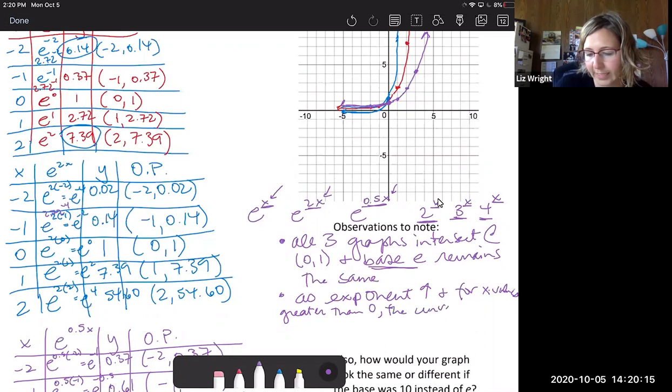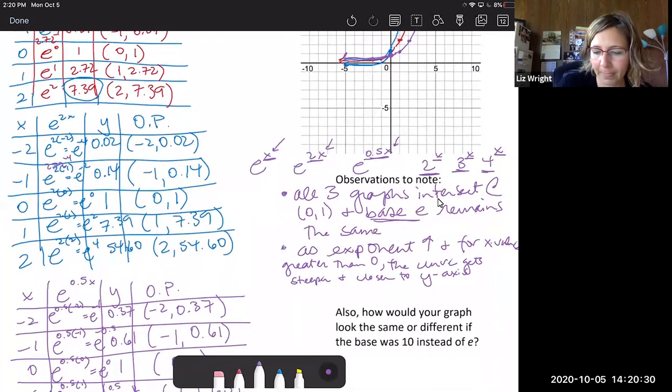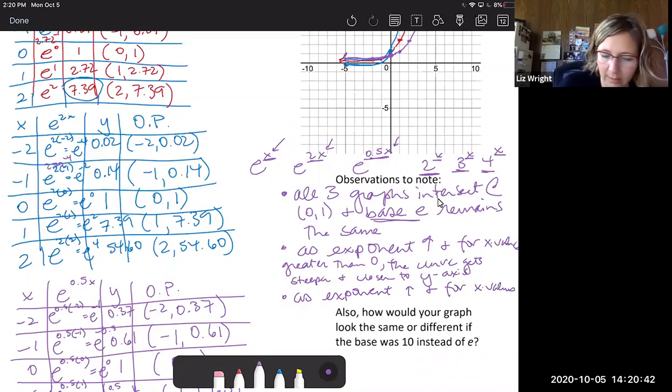As the exponent increases and for x values less than 0, the curve gets closer to the x-axis.